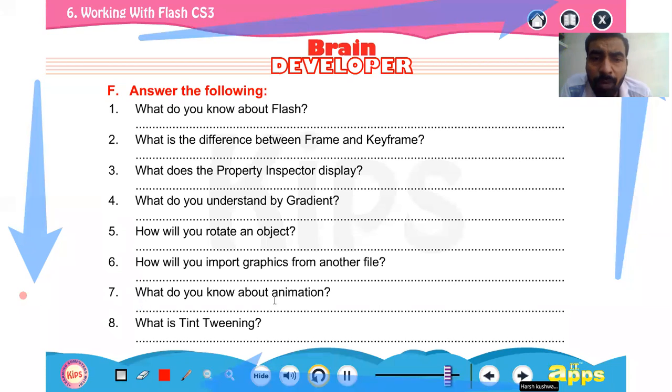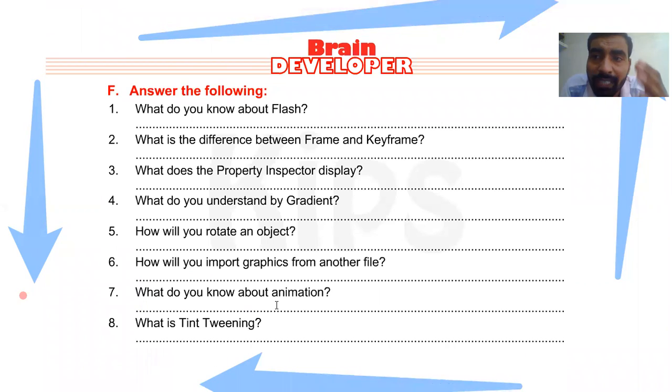Next, what do you know about animation? So you can say animation in Flash is created with the help of successive frames. Or you can say it is a collection of still images, still keyframes. When the object changes frame one by one continuously, it is called animation.